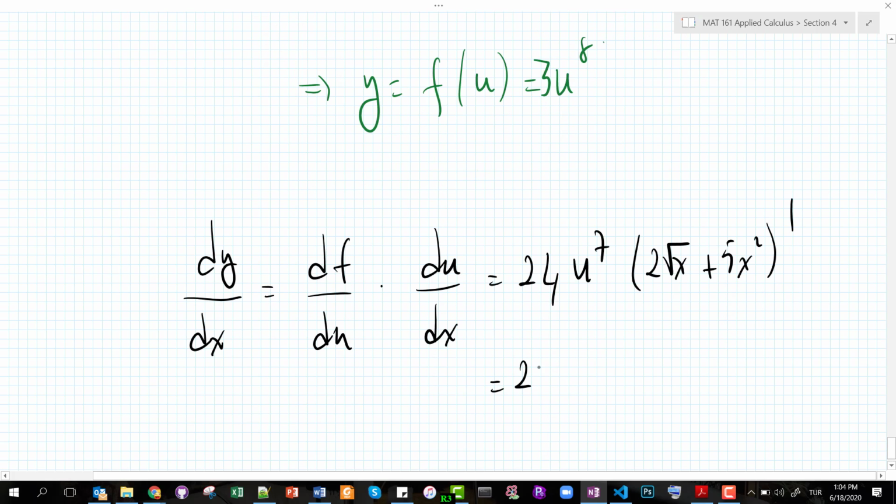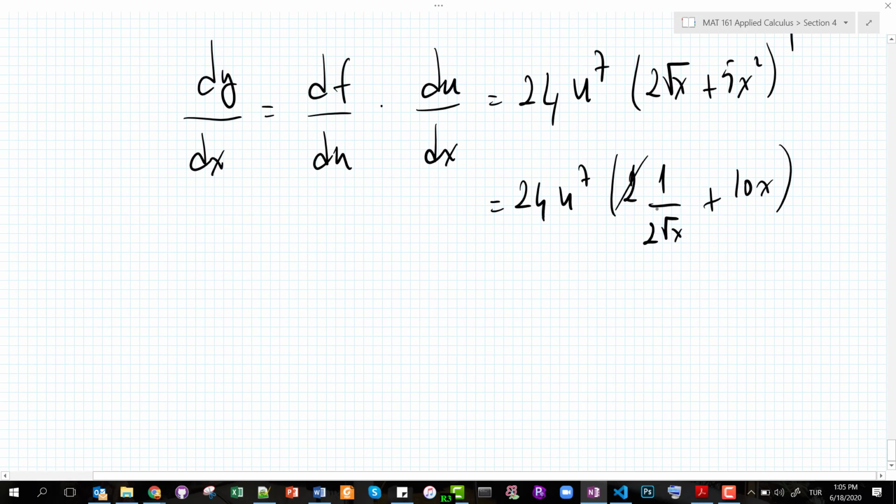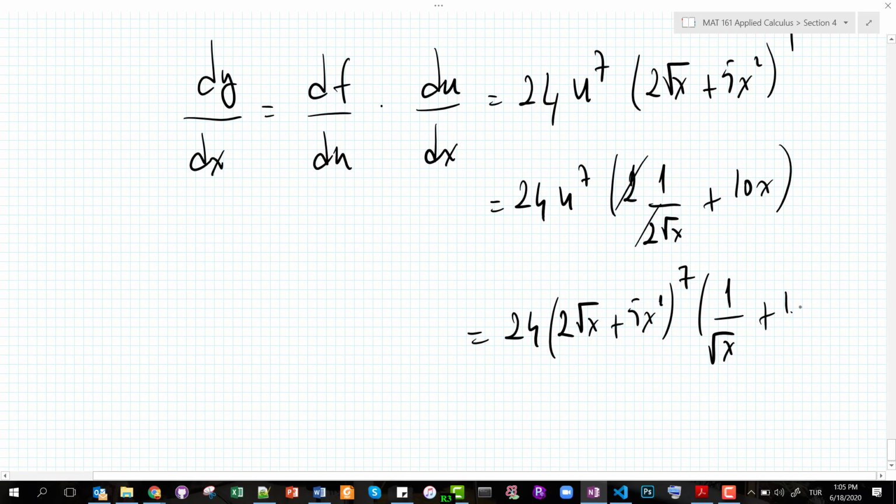If you remember, the derivative of 2 square root x is 1 over square root x, plus the derivative of 5x squared, which is 10x, if you apply the power rule. That's it. The 2 will go away, and then u is now 2 square root x plus 5x squared, to the 7 times 1 over square root x plus 10x. This is how I took the derivative of this. As you see, I just applied the composition rule in the same way.